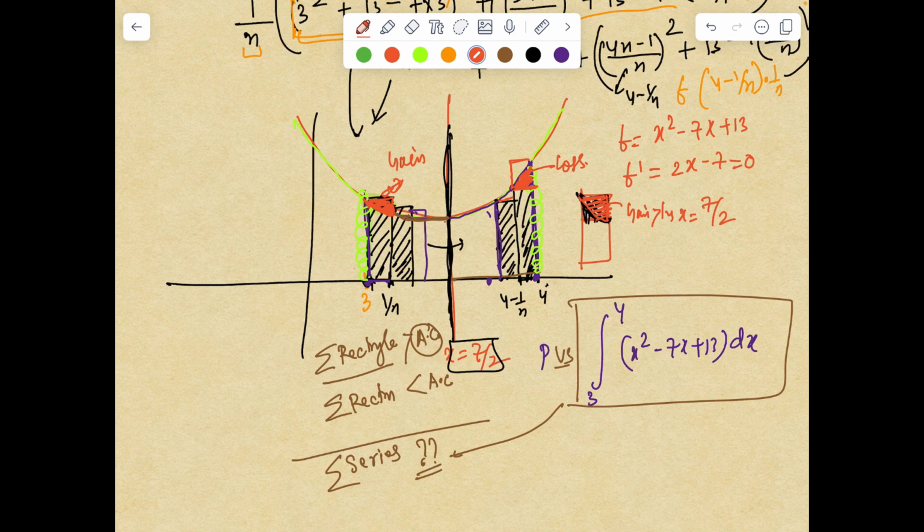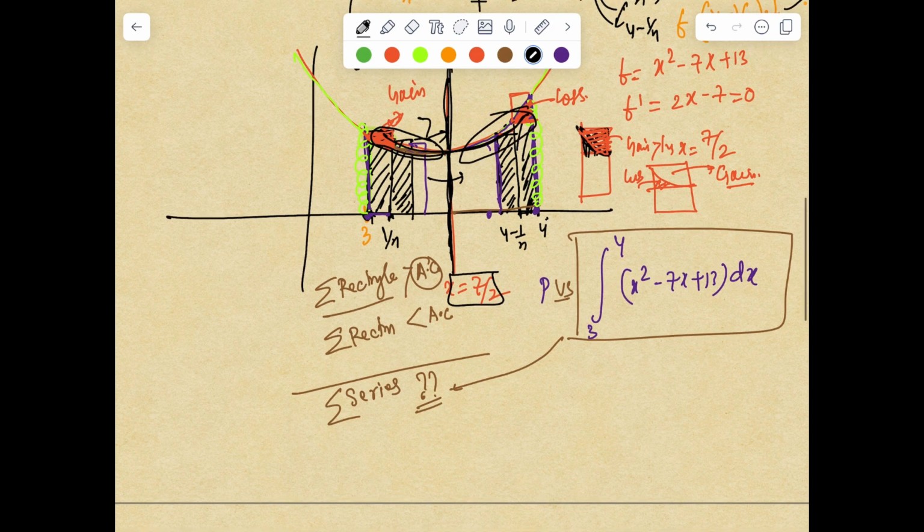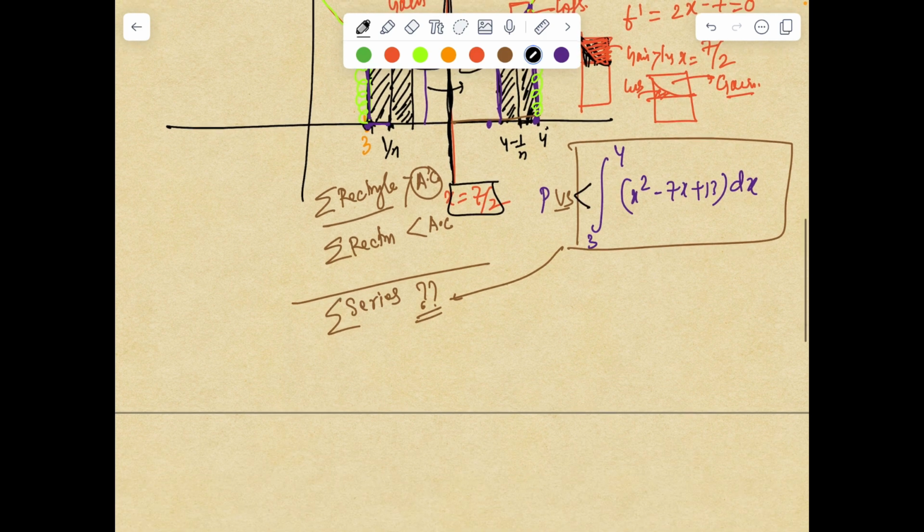Because the loss is happening under this curve. This is a depiction for loss, and this is a depiction for gain, right? So since gain is more than loss, if we accumulate all these gains, their summation will definitely be greater than all this loss. So overall the integration will be more than the value p.